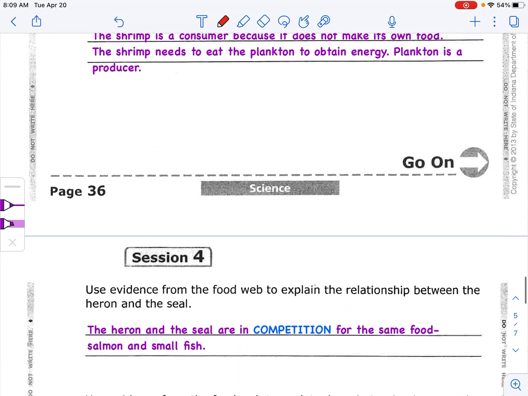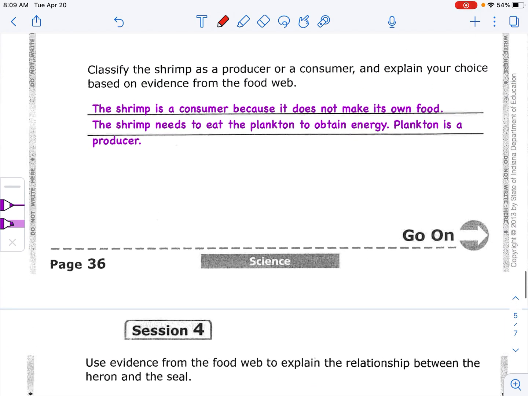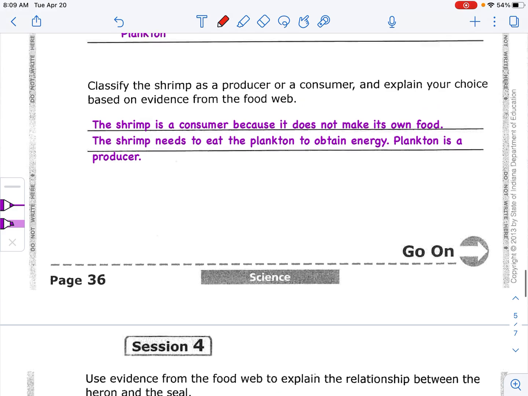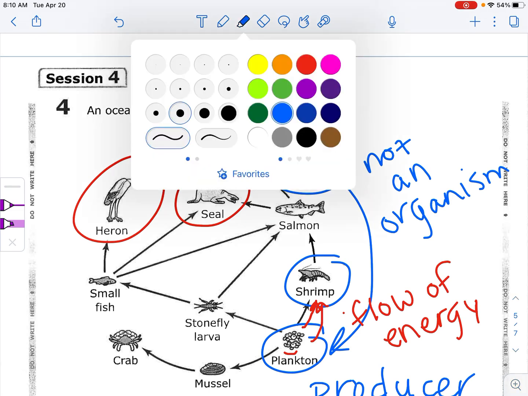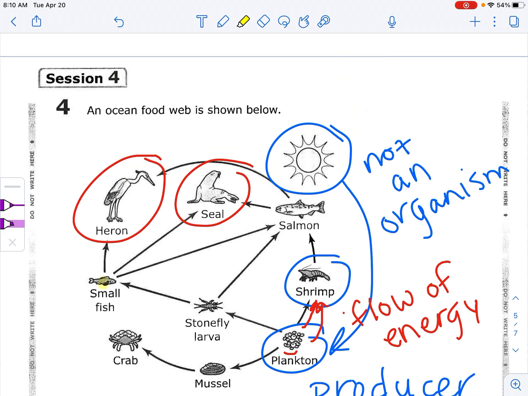Use the evidence from the food web to explain the relationship between the heron and the seal. All right, so let's take a look at that. So we are looking here and here. Well, they don't have a direct relationship. There is no arrow connecting these two directly. But if we look at things, we see that they share certain foods.